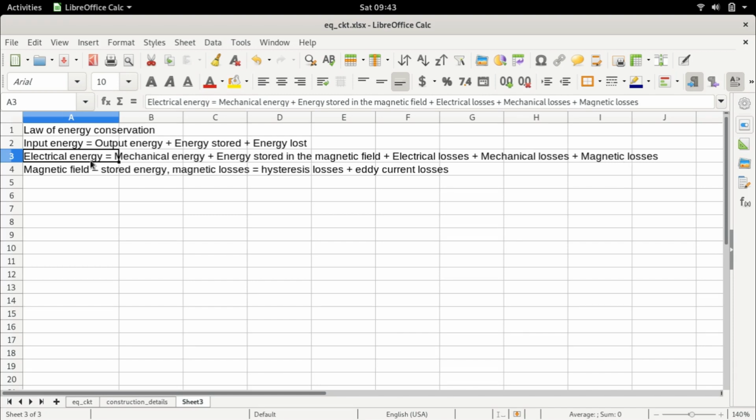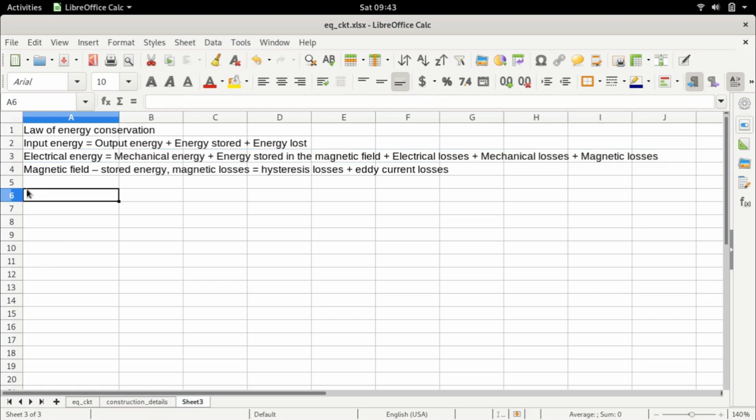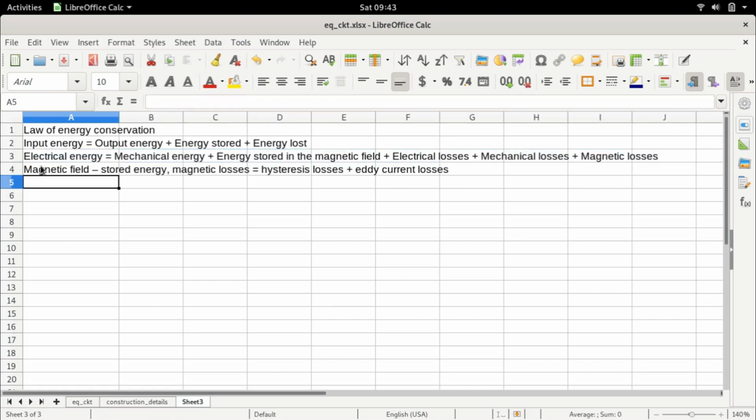But what is important here is that this equation now is independent, or rather, at least for now, is independent of the construction details, right? We are talking about the electrical energy, which we know is voltage multiplied by current. Mechanical energy is what is produced at the output, and this energy is stored in the magnetic field, and these losses have to be represented in some way.